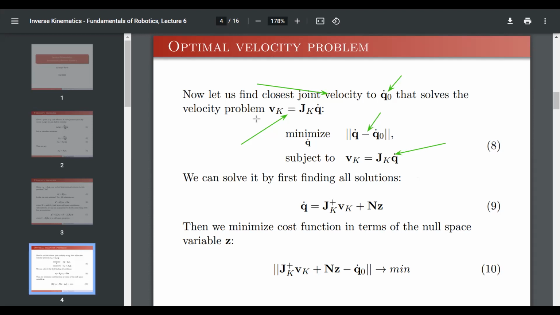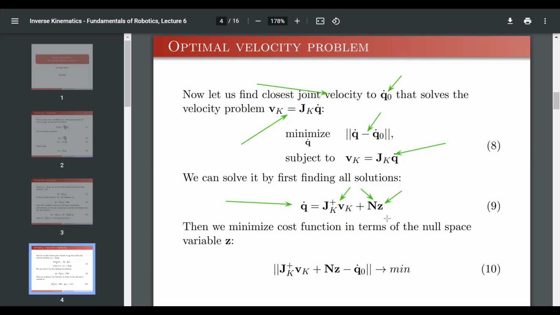Okay. How do we solve this? Well, first we'll find all solutions as before. And what we can see here is, again, a row space solution and a null space solution. I used this notation here. Now we have new coordinates that parameterize this equation.